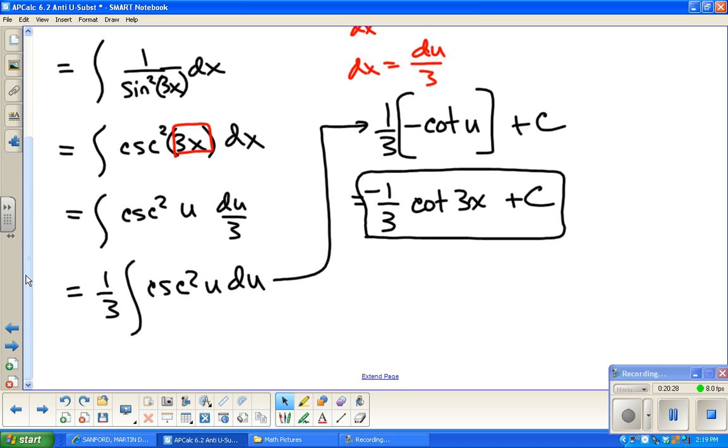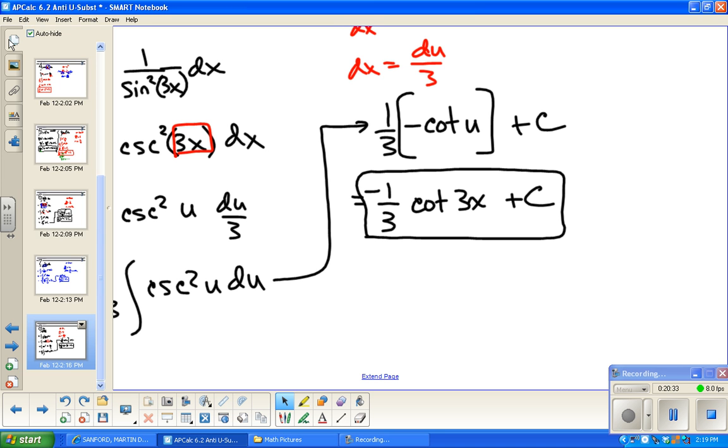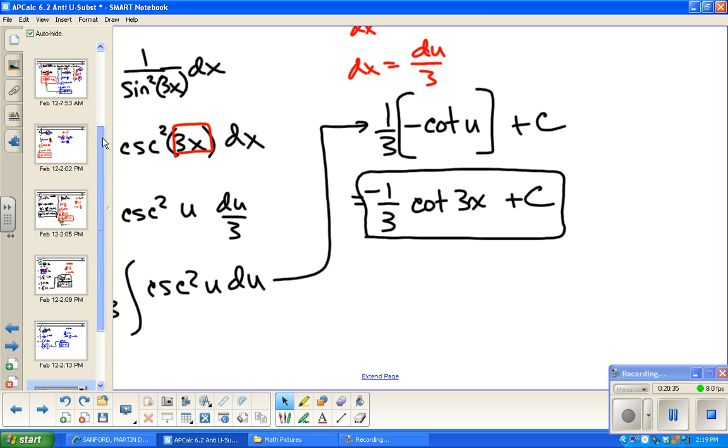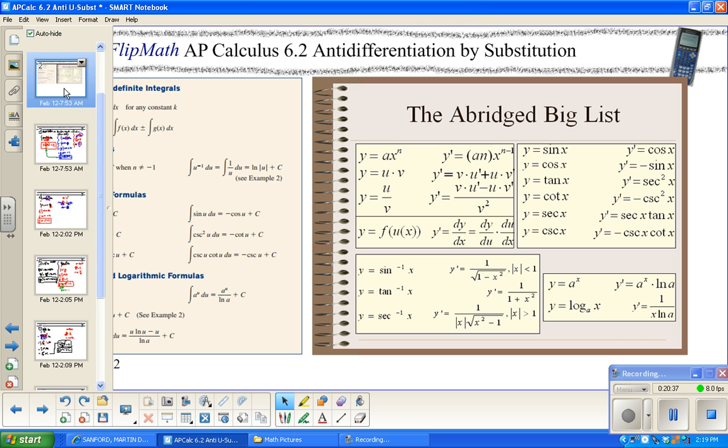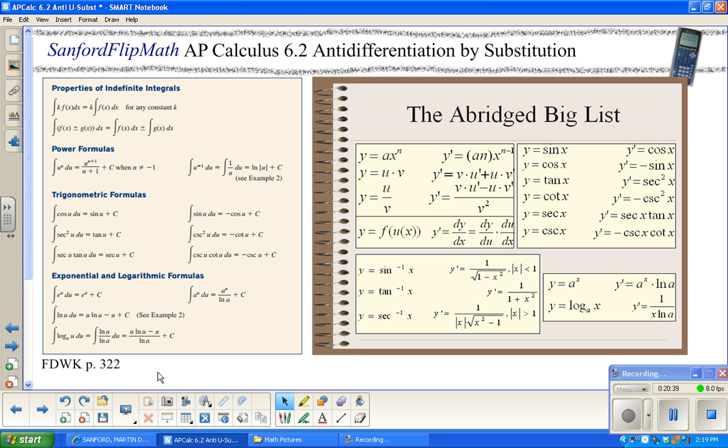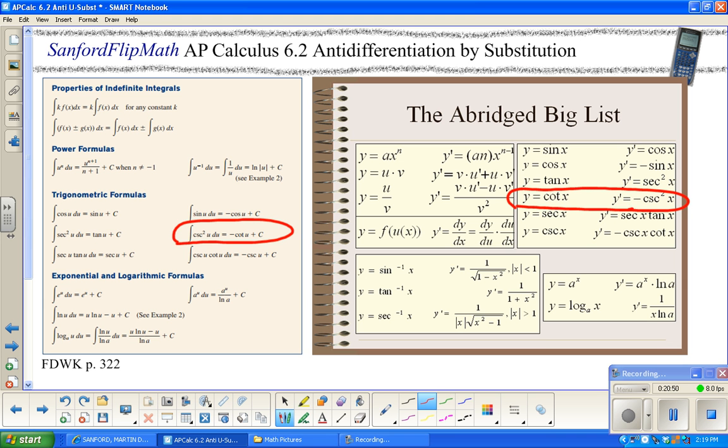Okay, so just a quick little confirmation here that the antiderivative of cosecant squared is negative cotangent. Excuse me, sorry to cough right in your ear. Here it is, cosecant squared. Or if you prefer, right here. Okay, that negative wasn't there, so it must have canceled out from a negative that was over here.